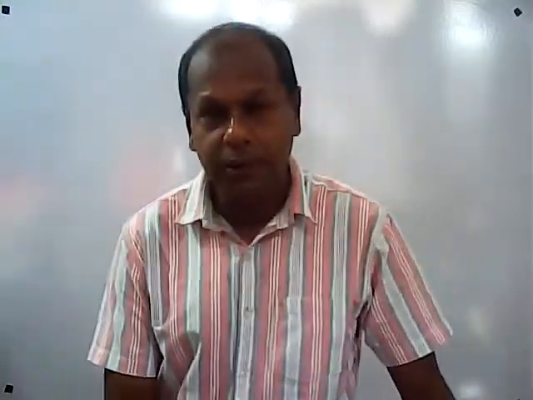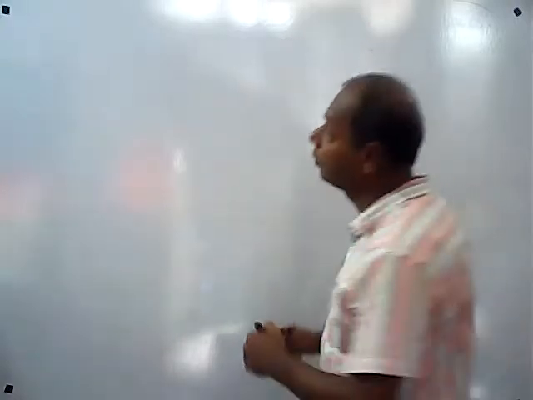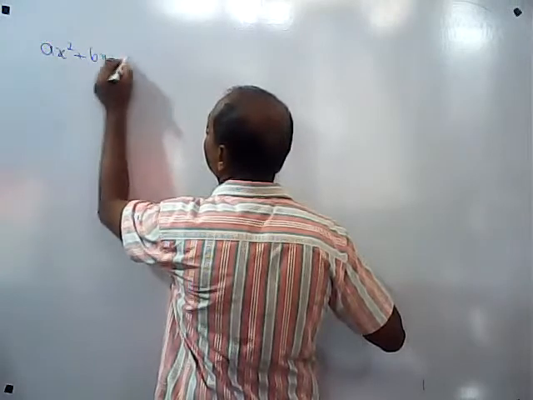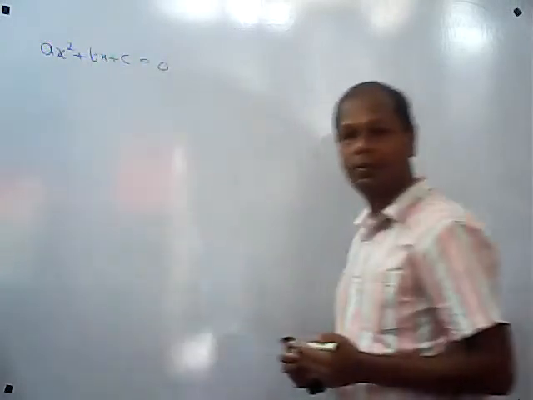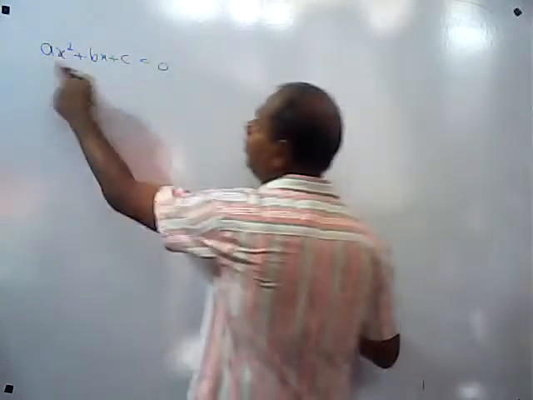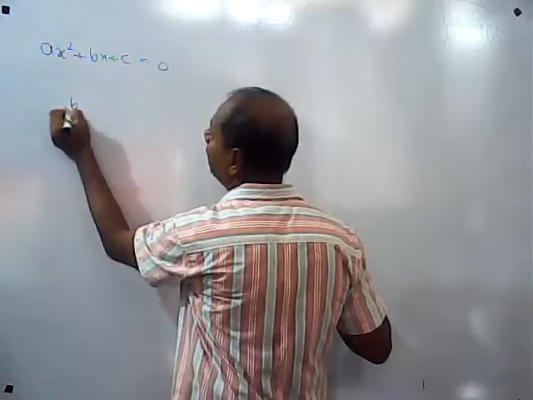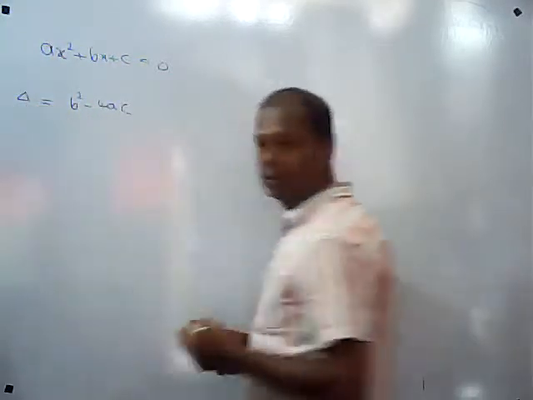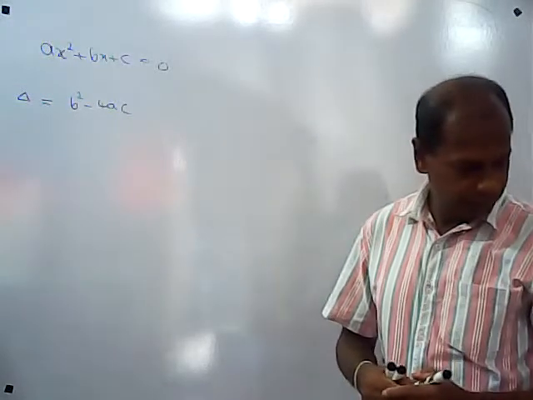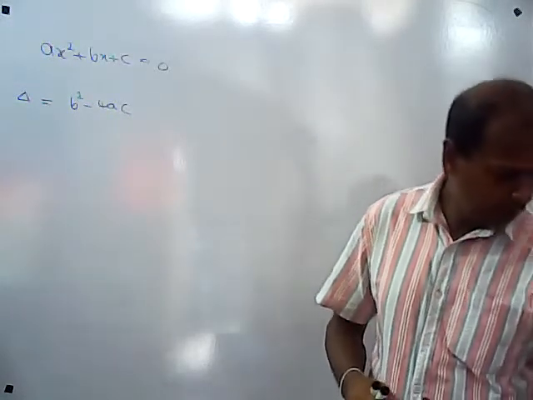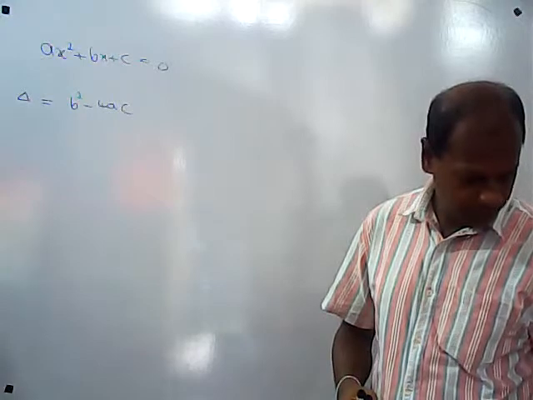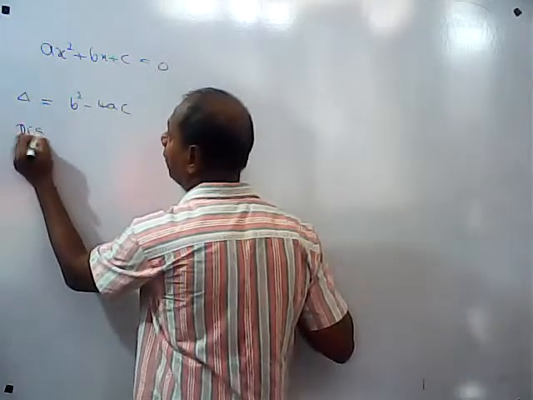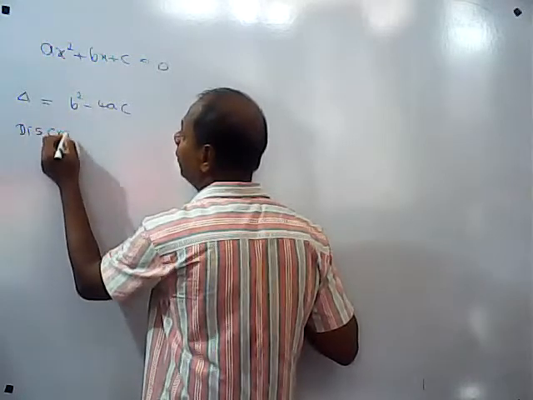Yeah, last day we started to describe the nature of roots of a quadratic equation. B square minus 4AC of this quadratic equation we denoted by delta and called it the discriminant of the quadratic equation.